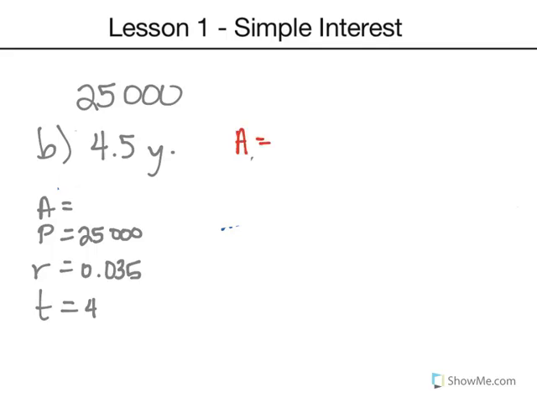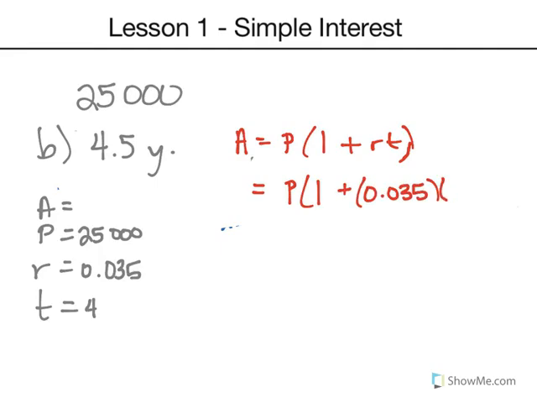So we have A is equal to P bracket 1 plus RT. We can use this formula easily because we know our rate and our term. So we have A is equal to P times 1 plus 0.035 times 4, where our principal is 25,000.